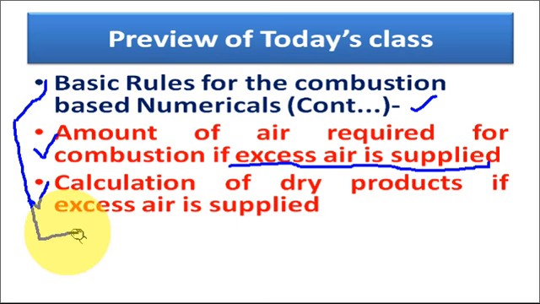So remember, in today's class we are going to discuss that when excess air is supplied in combustion, how we calculate the total amount of air required, and how the dry products of combustion will be calculated.